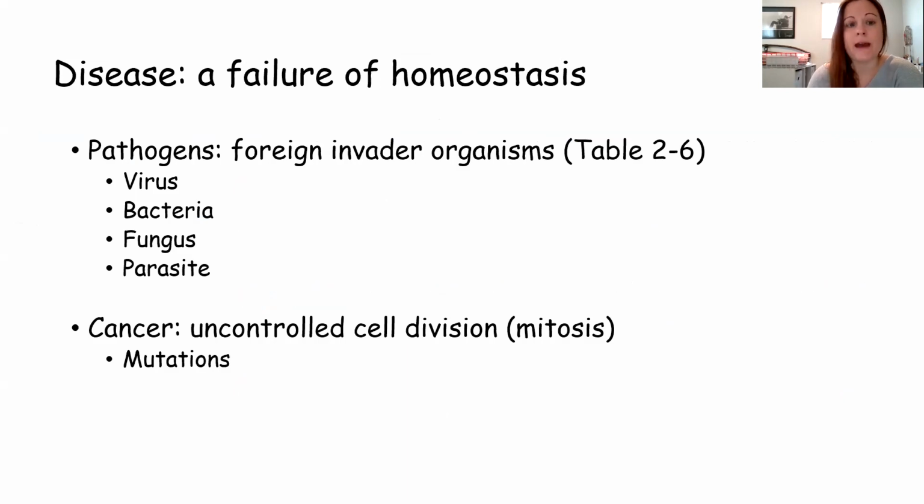Viruses are pathogens that can cause disease: influenza, COVID-19, HIV. Bacteria, fungi, and parasites are all agents that can cause disease in the human body. All of those are considered living things, although viruses have some controversy.